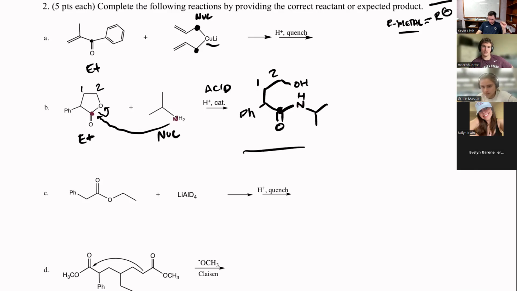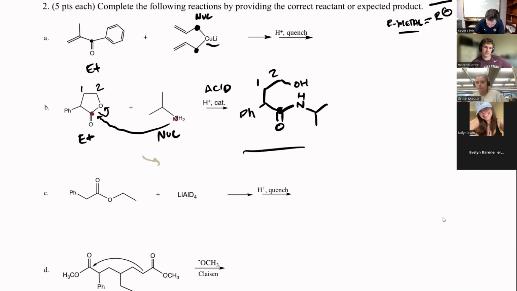I mean more of like this. I know it's breaking out tet, but just give me a second. This is what I was thinking. You would move the double bond, but I'm thinking it would be coming out of that.